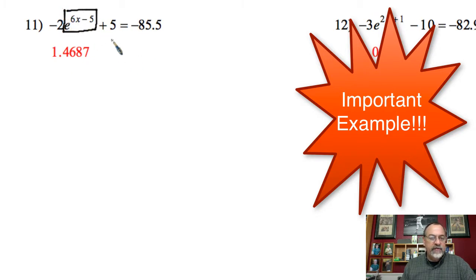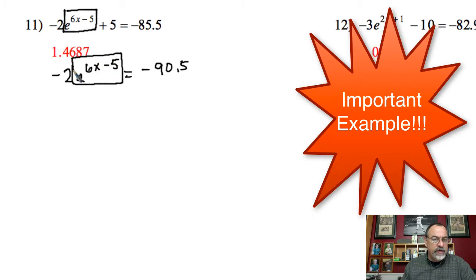So we're going to need to subtract 5 from both sides, and then divide by this negative 2 in order to isolate this e to the 6x minus 5. Okay, so we're going to subtract 5 from both sides first. So this is minus 5 is equal to negative 90.5. All right, and then we're going to divide by negative 2 because what I'm trying to isolate is this term right here.